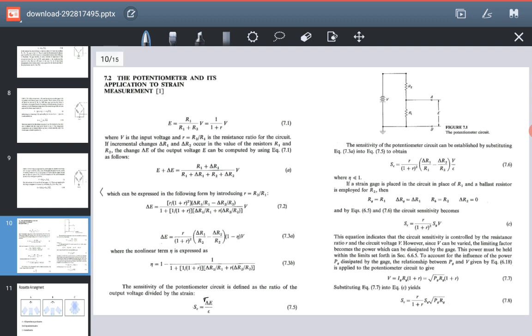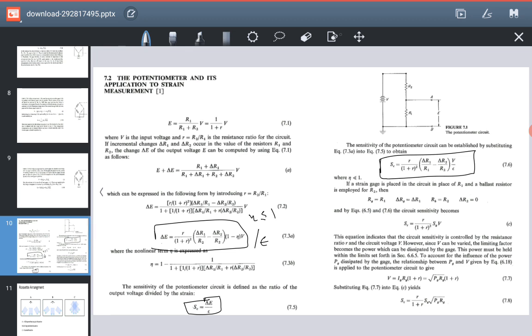the change in potential difference divided by sigma. Okay, so we'll just put the value of delta E, this value divided by epsilon. And here what will happen is that the value of n is so much less than 1 that it can be neglected. So we're going to finally arrive at this equation. Okay.